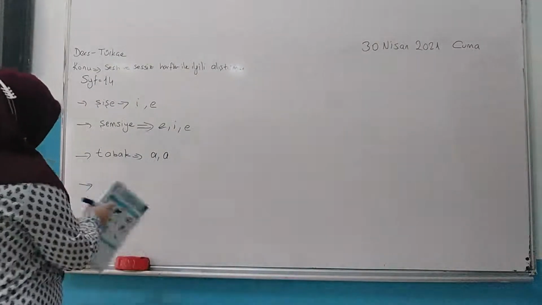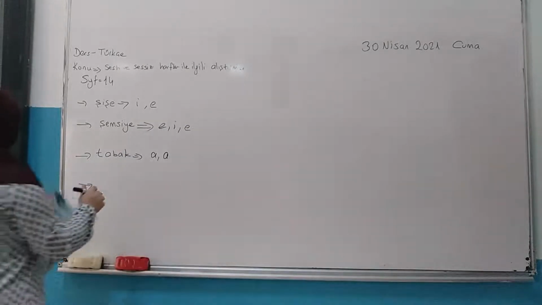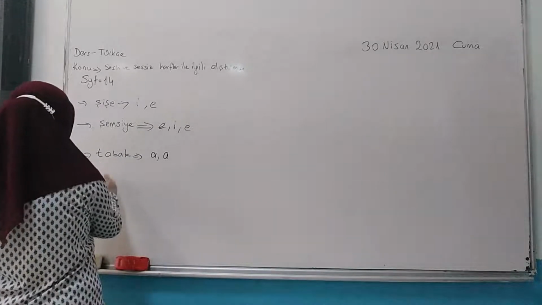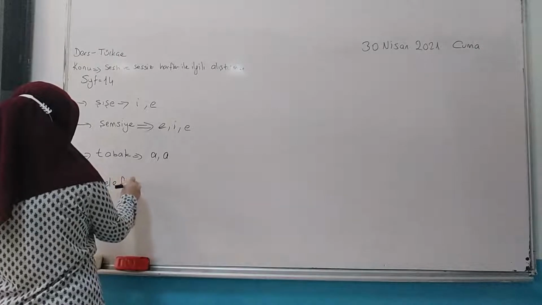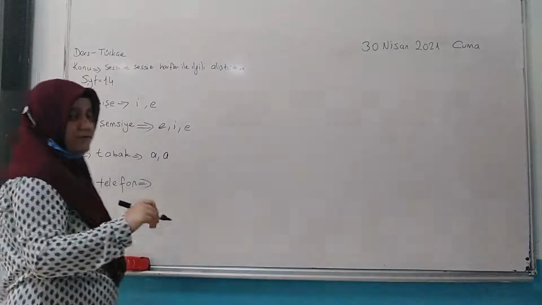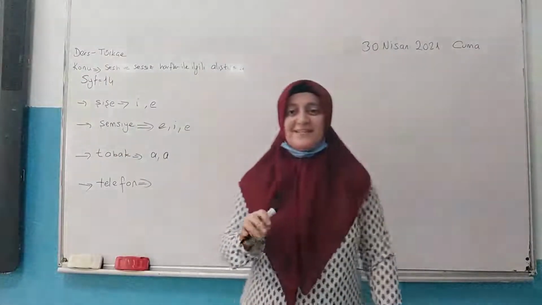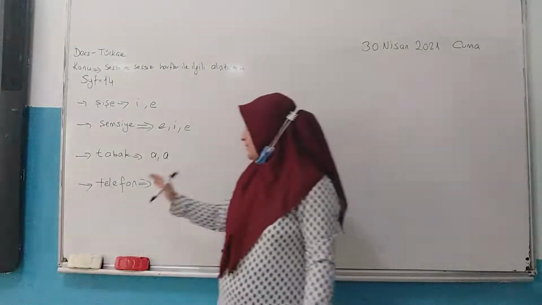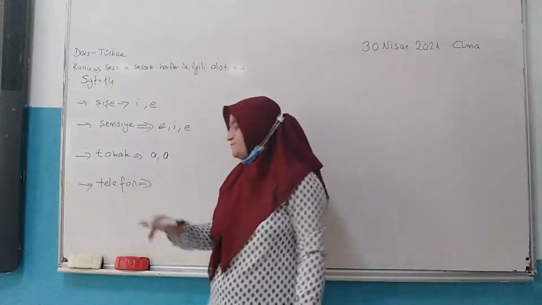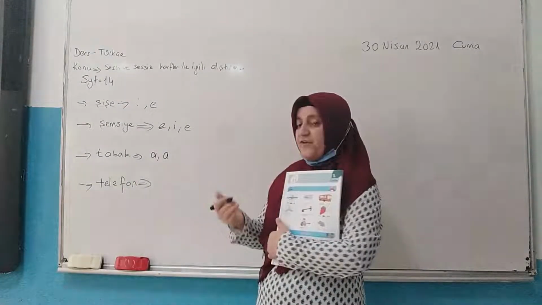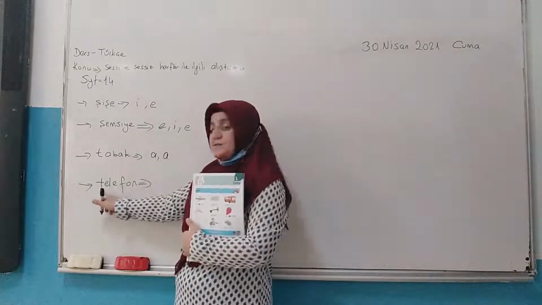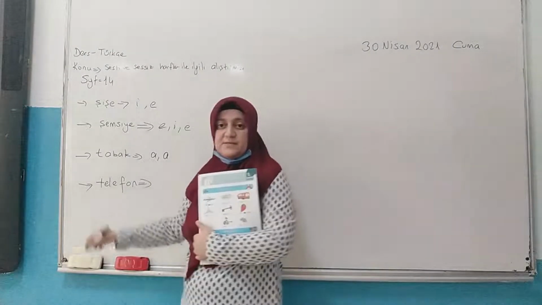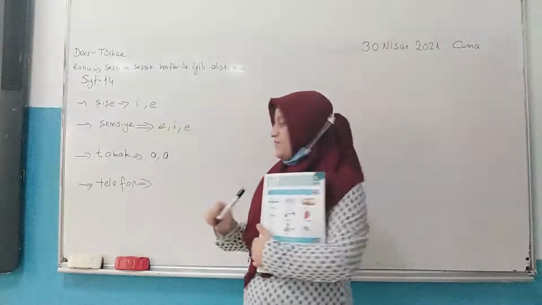And the other one, telephone. Telephone, I think you may know this word. It is so easy. It resembles the English version. Telephone or phone. The first one is consonant. T is T, sessiz harf.